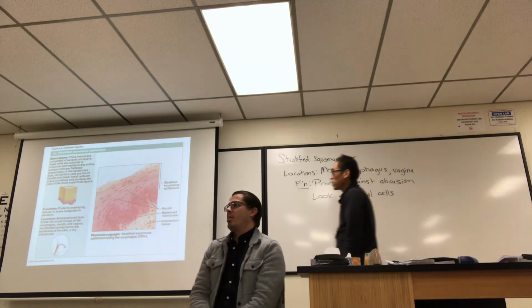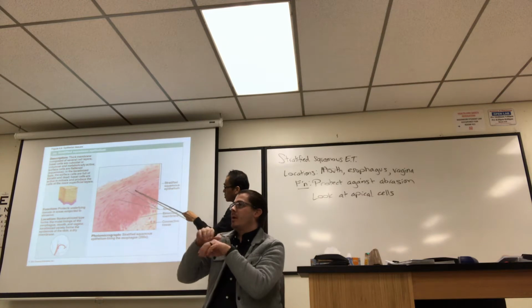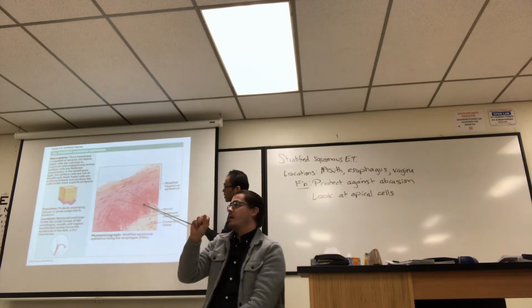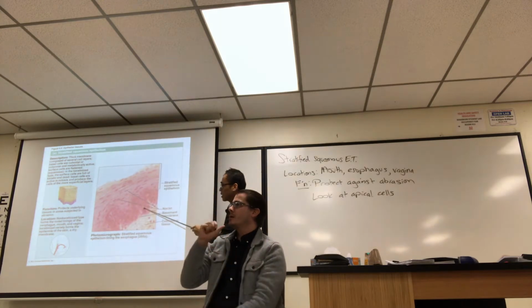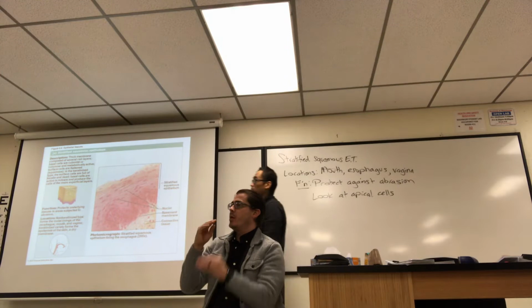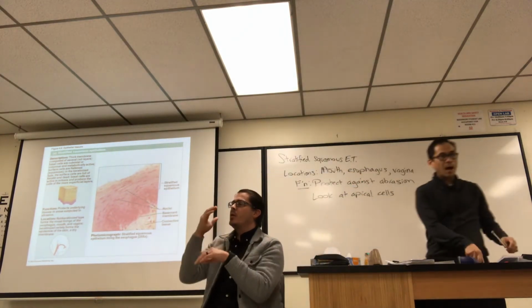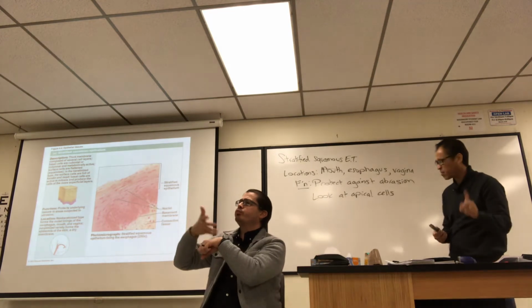So once again, just consider the top layers here. That makes it stratified squamous. This is part of the epithelium, but these cells are not squamous. They're young regenerative cells that will replace the top ones that get sloughed off. When you slough off the top flat layers of cells, it's called desquamation.